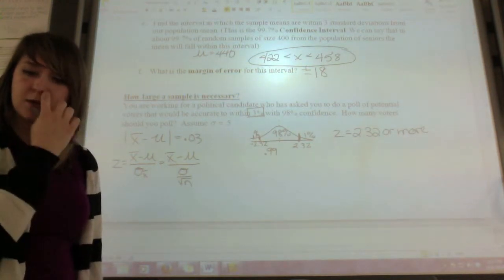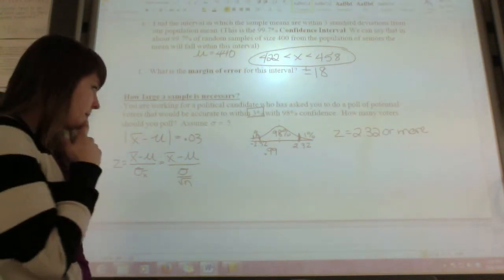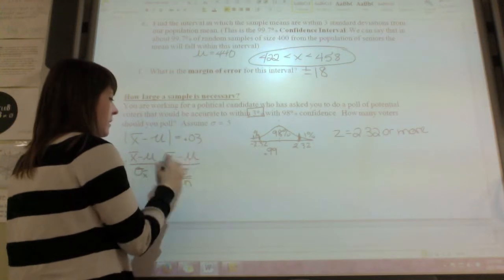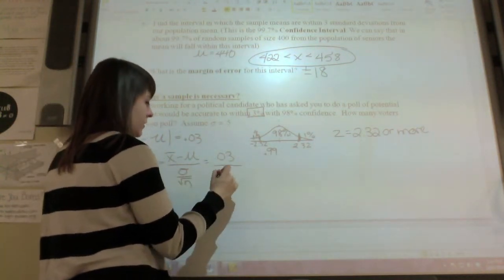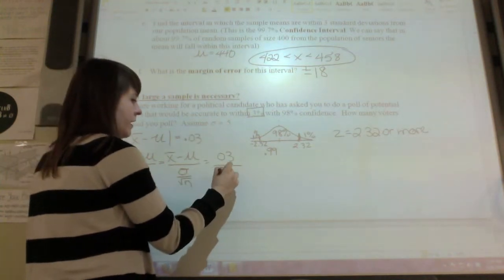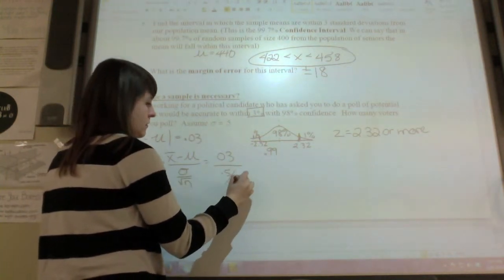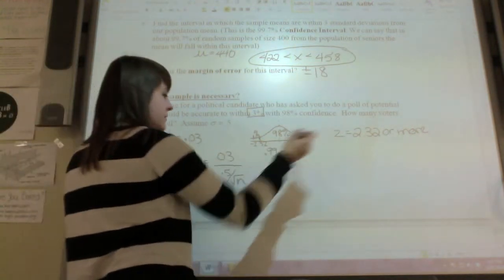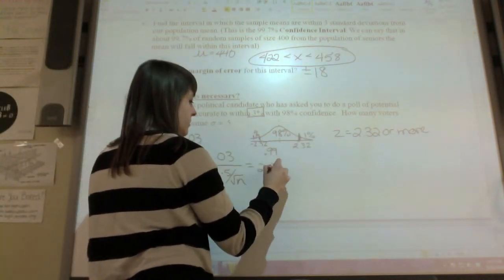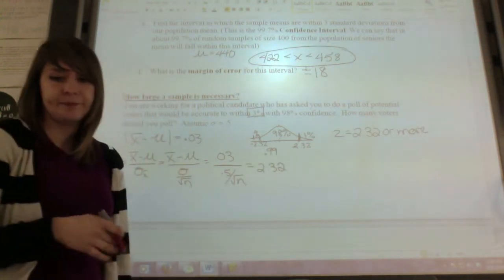Okay, so what I'm trying to do is figure out how big that n needs to be. Well, I know that this part is just 0.03, so this is 0.03 over my sigma, which was 0.5. So now I've got that, and I know that according to this, my z value should be 2.32 or more.